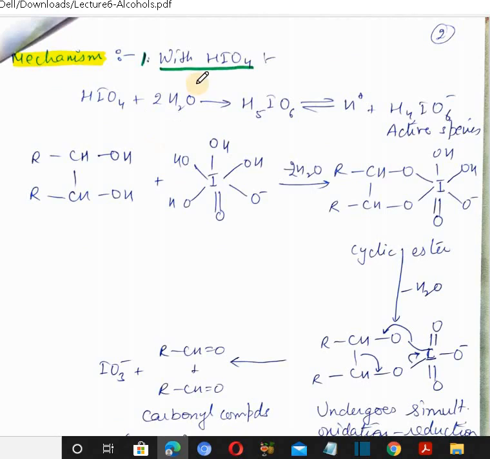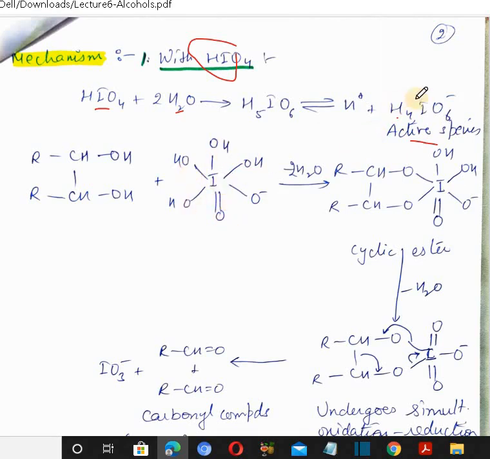In the mechanism, we treat actually an aqueous solution of periodic acid. Actual is aqueous solution, so when it combines with water, it gives H5IO6, which is in dynamic equilibrium with this active species, that is H4IO6 negative with one single negative charge. That is, it is I, 4 OH groups are present, that is 4 hydrogens are present, and 6 oxygens, 1, 2, 3, 4, 5, 6.